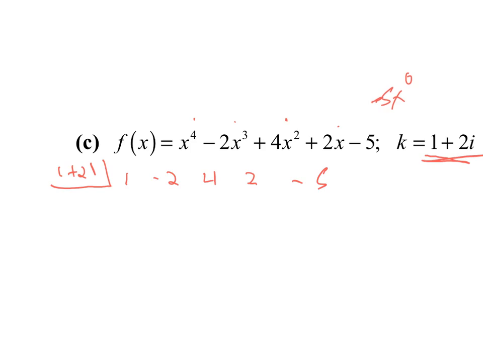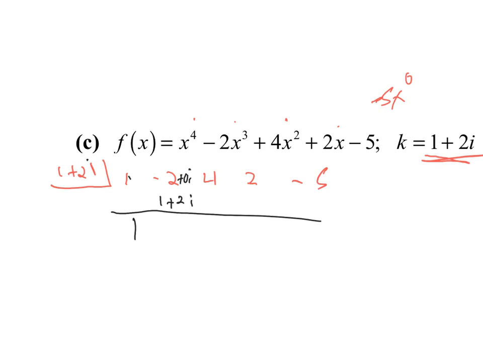So I bring down the 1, and I multiply 1 plus 2i times 1. That's a 1 plus 2i. Next to the 2, there are no i's. So when I add straight down, it's the same thing as adding a negative 2 plus a 0i.